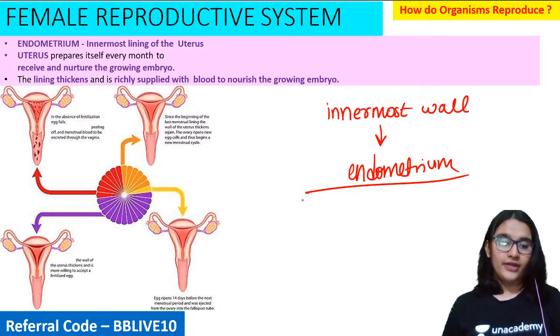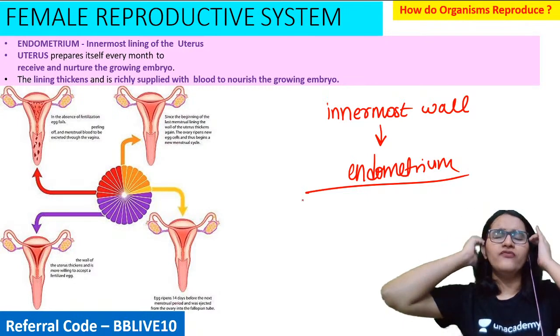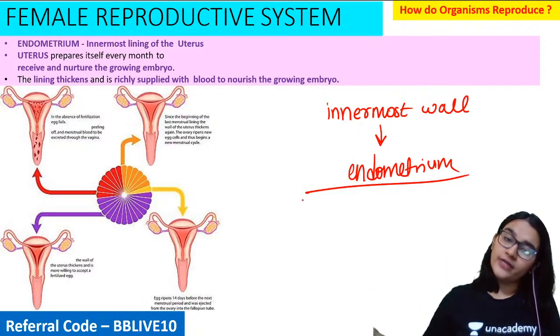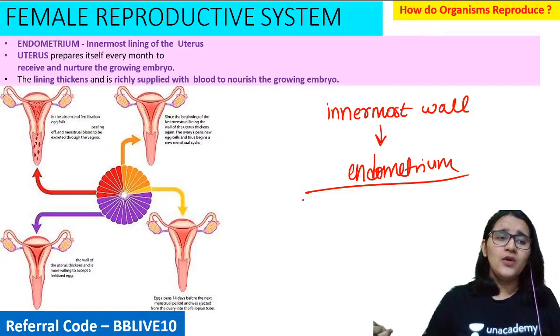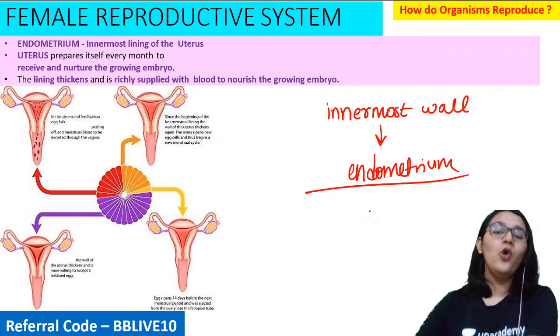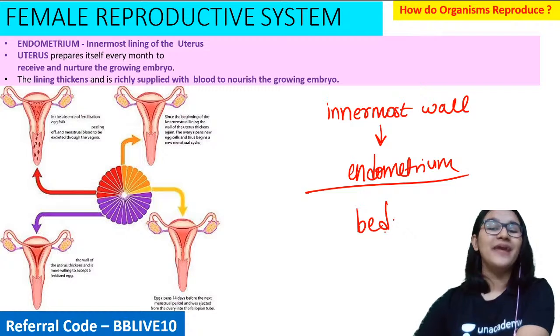For being comfortable, it has to have a good amount of foam and give me comfort. Now, why am I talking about a bed when I'm talking about the endometrium?